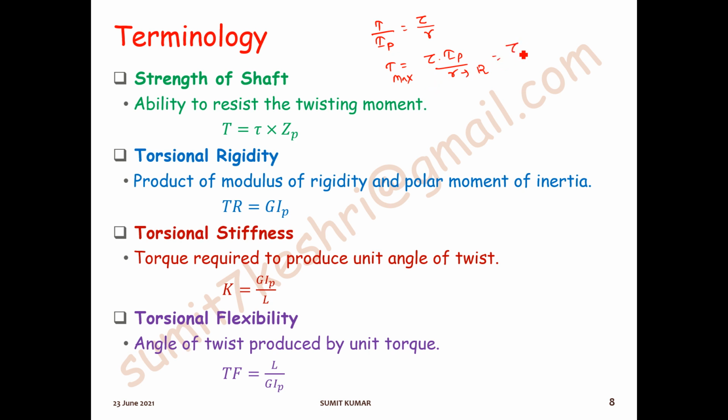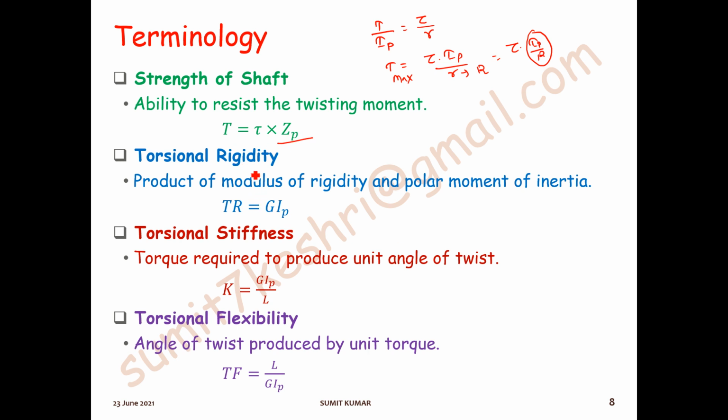So we can write tau into Ip by R, and we know this term as the section modulus, written here as Zp. So maximum torque equals tau into Zp, that is the polar section modulus.